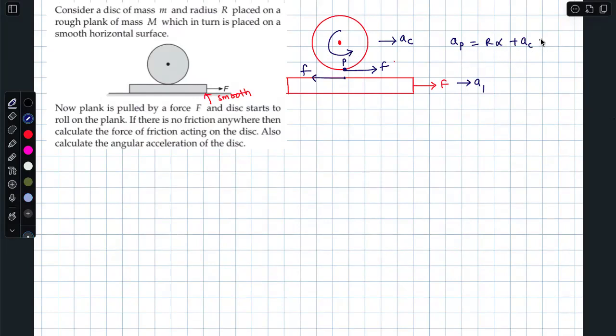And which is nothing but A1. Are we clear? Right. Now the question is, this is A1, right?